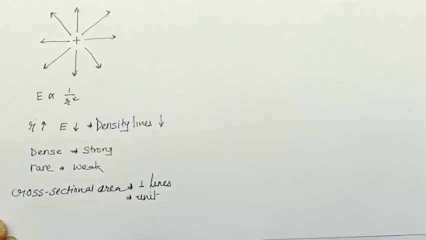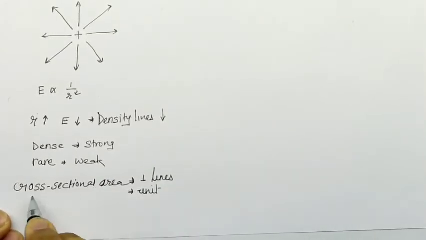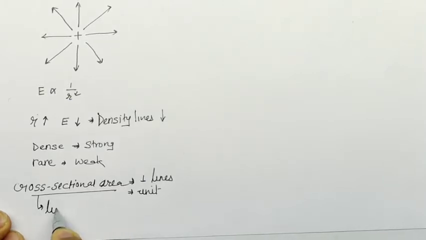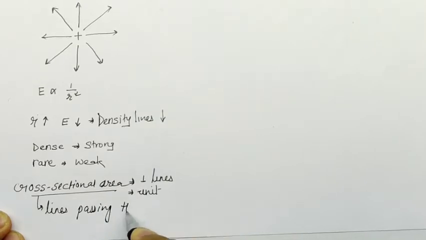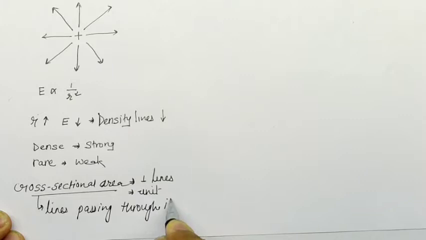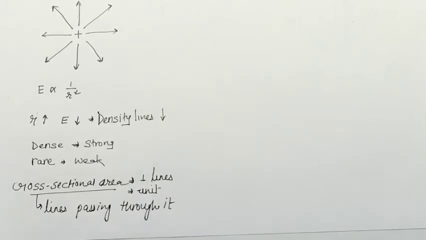If the cross-sectional area is unit and perpendicular to the lines, the lines passing through it give the density of field lines. Consider the number of lines per unit cross-sectional area which is perpendicular to the lines.